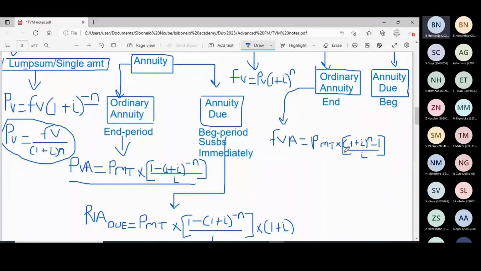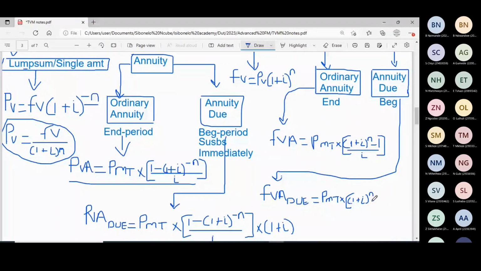And then for annuity due, the formula for this one. We're going to have FVA due, future value of an annuity due, is equal to PMT multiplied by, you open the big brackets, (1 + i) exponent n minus 1, all over i.